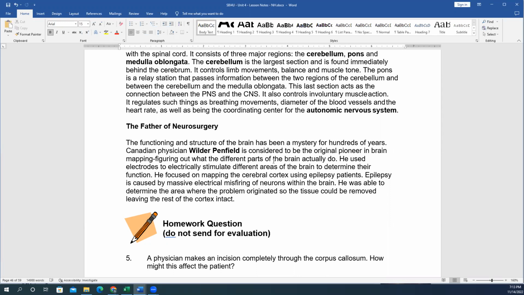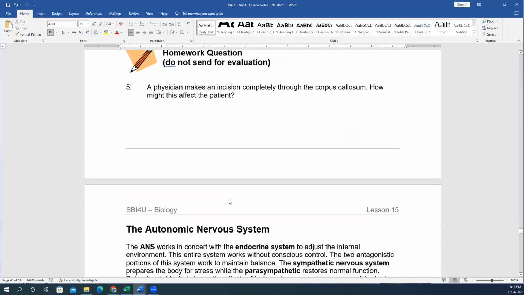When a patient has epilepsy, they have massive electrical misfiring of their neurons within their brain. And so he was able to use this to determine the area where the problem originated, and by doing that, tissue could be removed from that area, leaving the rest of the cortex intact. Quite incredible.